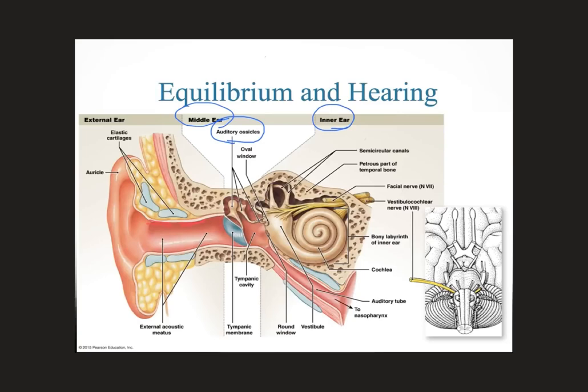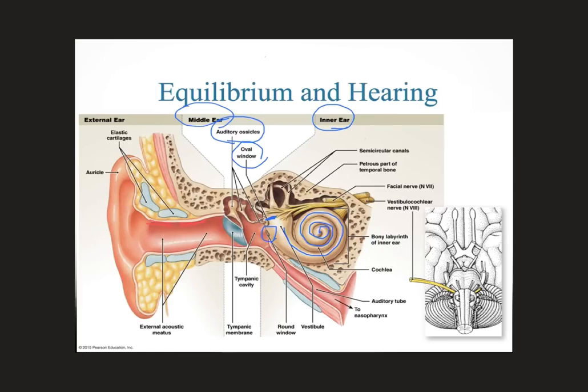But the inner ear is going to be constituted of the oval window. It's going to be the first structure right over here. Then we're going to have your cochlea, which is the seashell structure right over here. We're going to have at the other end what we call the round window.